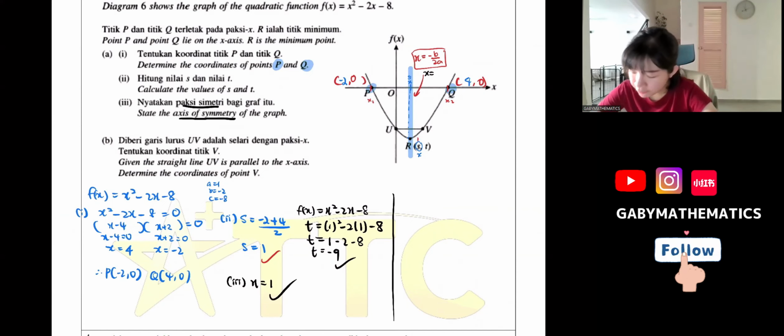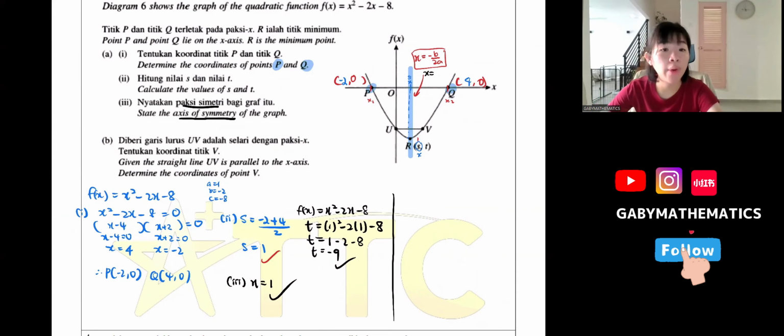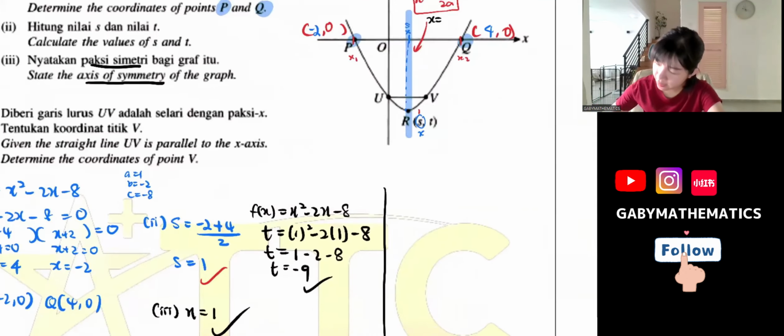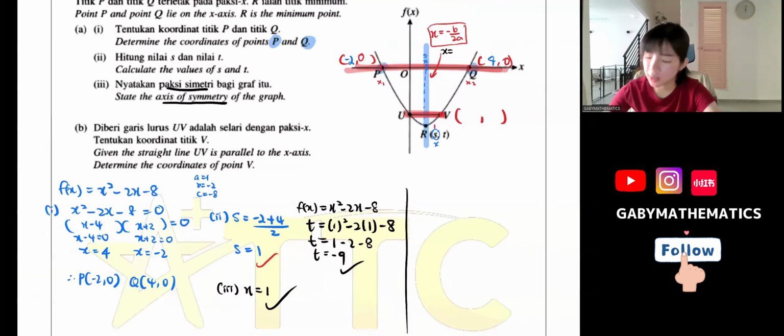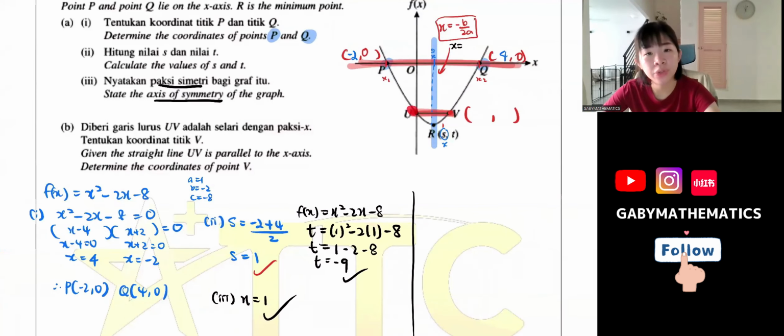Now part B: given the straight line UV is parallel to the x-axis, determine the coordinates of point V. The question mentions that UV, this line, is parallel to the x-axis. So now we want to find the coordinates of V. What do we know about this point U?